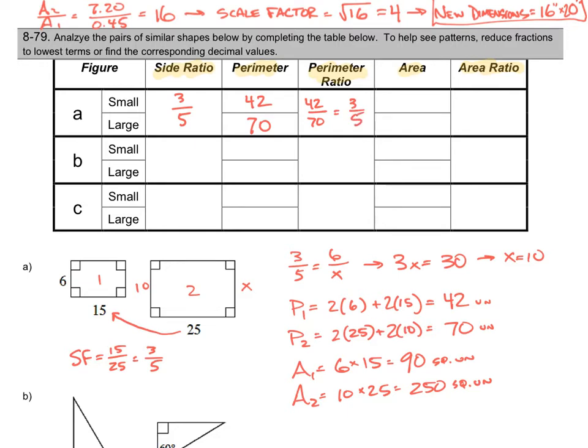Area ratio, or area here, we had 90 square units for the small shape, 250 for the larger shape. That gives us an area ratio of 90 over 250, and that reduces to 9/25. Okay, we're going to do the same work for the second and third set of shapes. I'm going to go through it much quicker, though.